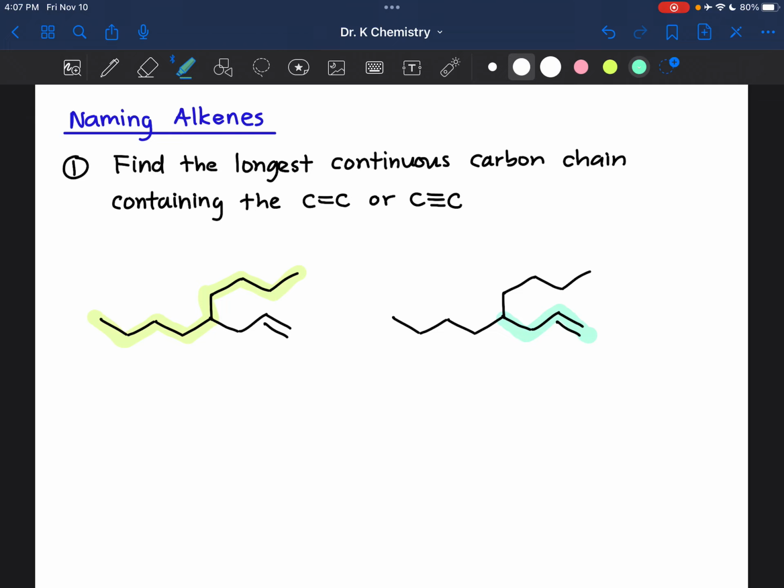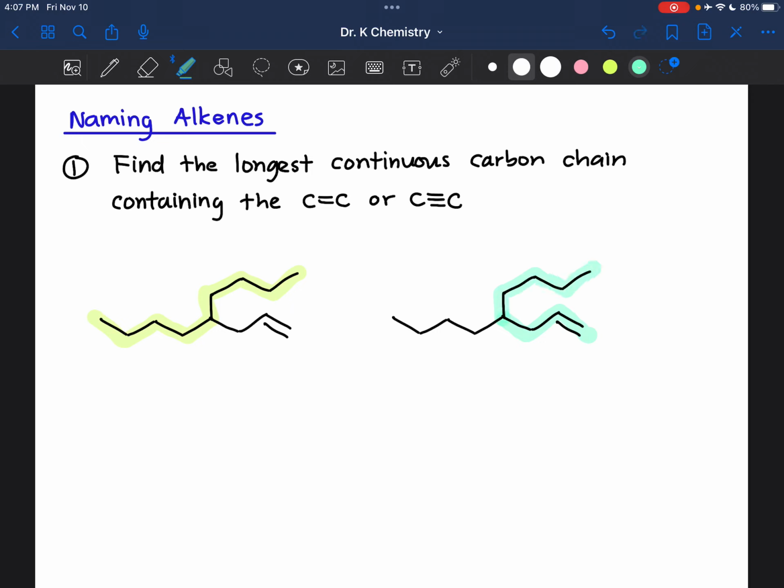So I'm going to start actually where the double bond is. I have 1, 2, 3, 4 carbons. And then I could either continue directly across. So that would give me 5, 6, 7, or an 8. Or I could potentially go up. That gives me 5, 6, 7, 8.